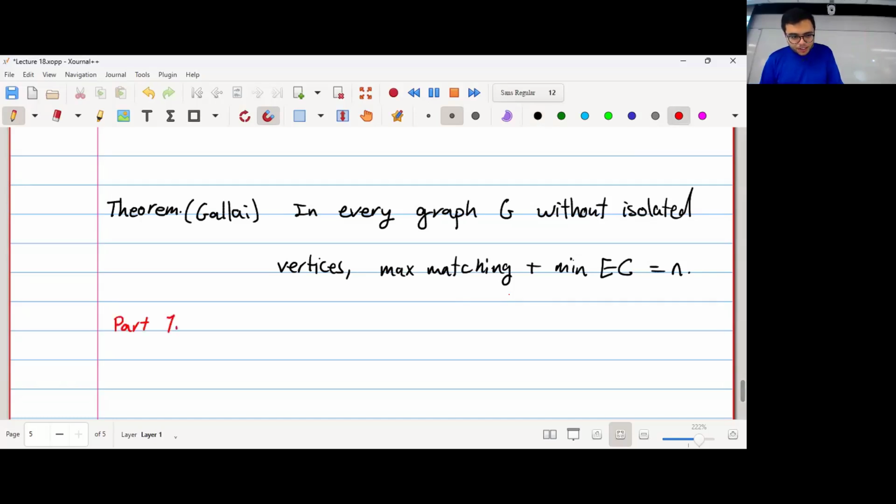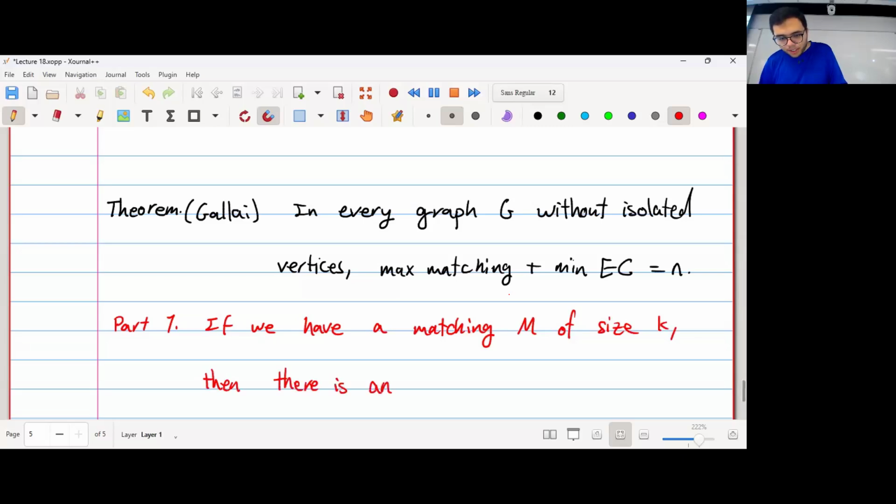I want to say, if we have a matching M of size k, then there is an edge cover of size n minus k.